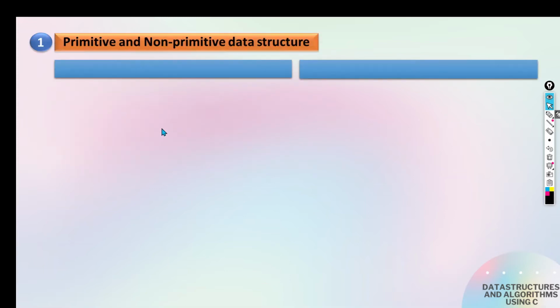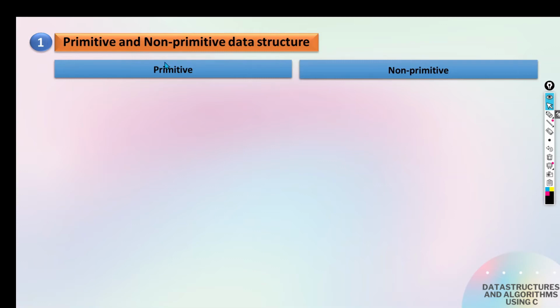First data structure which we are going to discuss, that is primitive and non-primitive. Already I have told you the classification primitive, non-primitive is based on whether it comes along with the language itself, means the language designer has decided it, or the programmer has created it, that is custom created, which we call user defined.